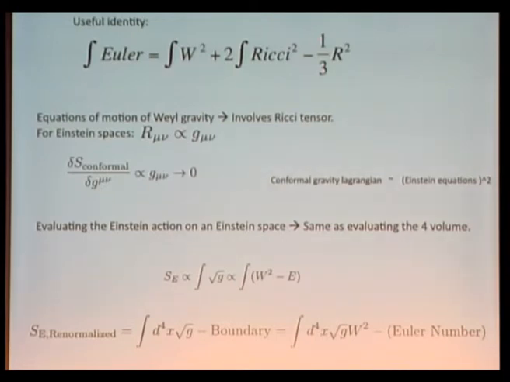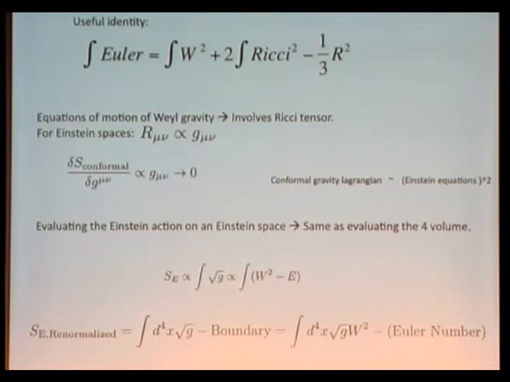Now, we look at the same equation, and we imagine setting R mu nu equal to g mu nu. This term will give something proportional to the volume. Okay? So W minus Euler is proportional to the volume. And the volume is exactly the same as the Einstein action up to a coefficient evaluated on shell. So when we evaluate the renormalized action, we're calculating the volume and subtracting some boundary terms.